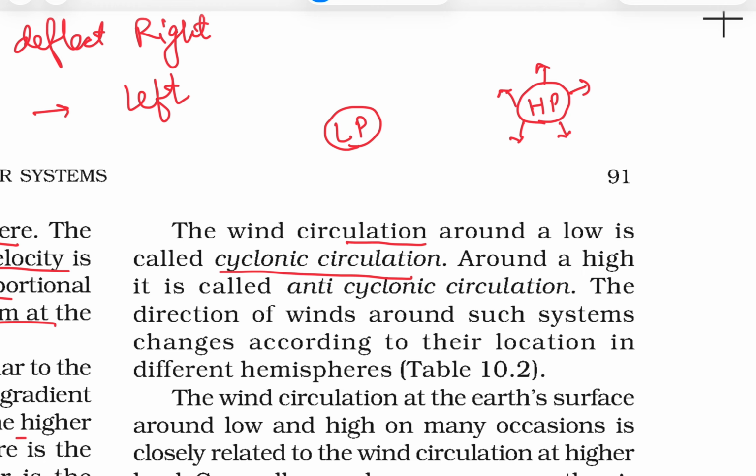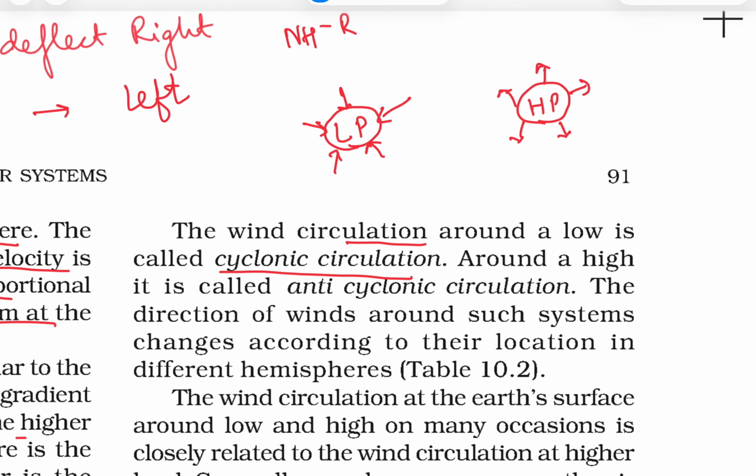And in case of low pressure, these are the descending airs. So in case of the northern hemisphere, deflection is towards the right. So when these winds are moving in this direction, the right side will be in this direction, and they will move that way.